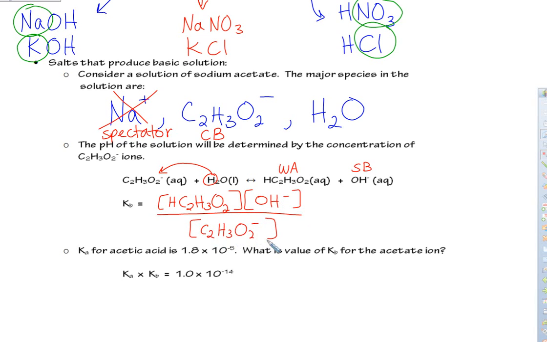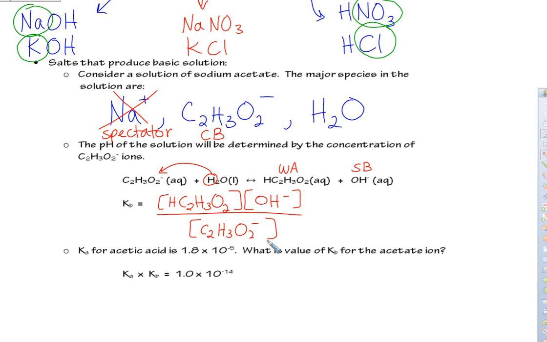Remember, we do not include the pure water. So here would be my Kb expression. A solution of sodium acetate will be slightly basic. Sodium's a spectator, but that conjugate base, acetate, is going to remove hydrogen from the water in the solution. And we will be left with hydroxide ions floating around in the remaining water, leaving the solution basic.